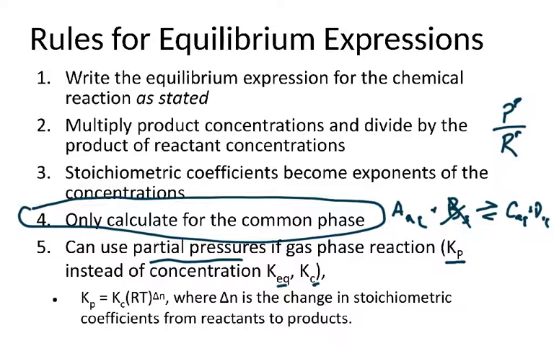If you want to convert between a pressure and a concentration K value, you can use this equation, Kp equals Kc times RT to the delta N. R is the gas constant, T is the temperature the reaction is taking place at, and delta N is the change in stoichiometric coefficients from reactants to products. We will look at an example of that using this equation later on.